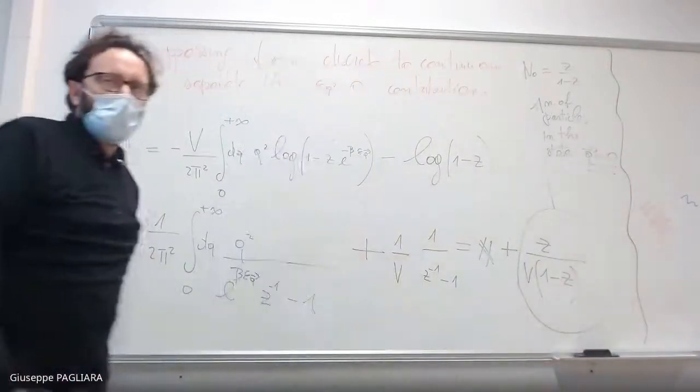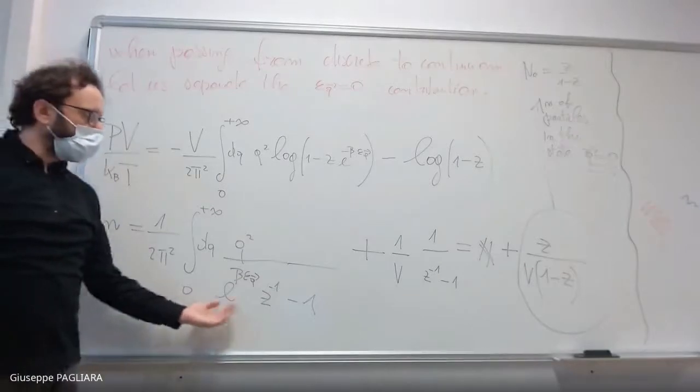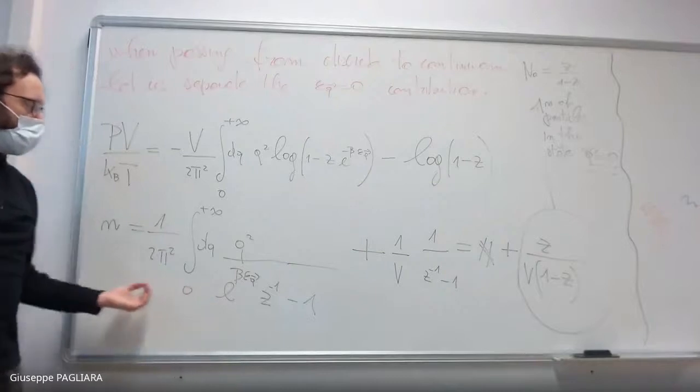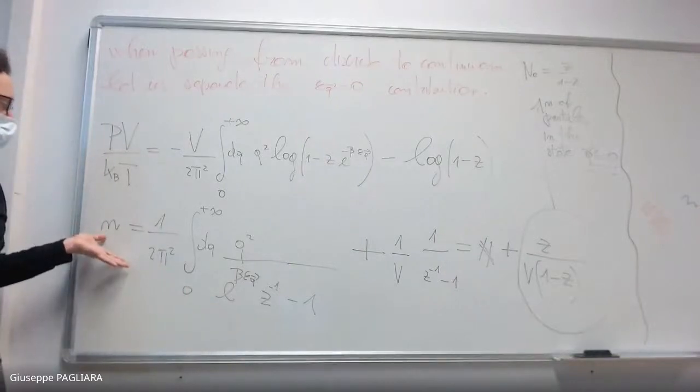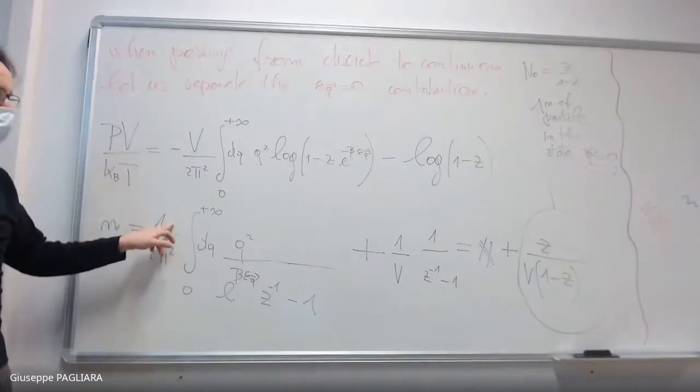Because here is the density. The density gets a contribution from the continuum of the levels, and the number of particles is just this quantity times the volume.